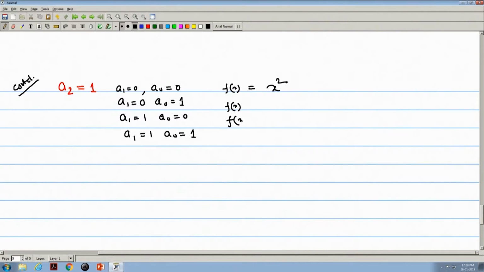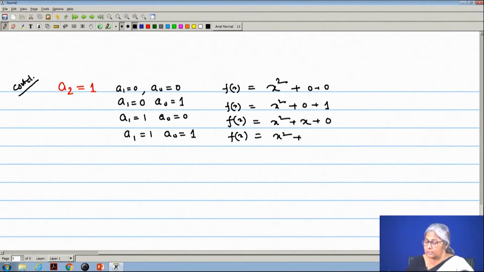So, first I write for all the polynomials here I get x square. Then it is all 0 0, then here it is 0 plus 1, here it is x plus 0, here it is x plus 1.